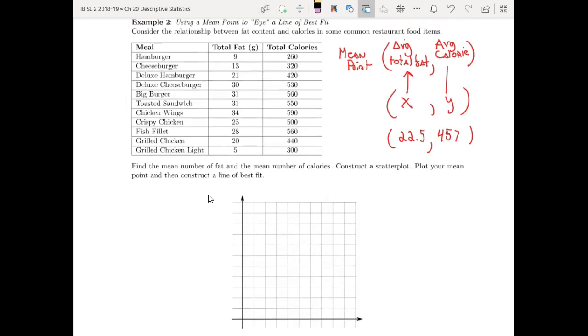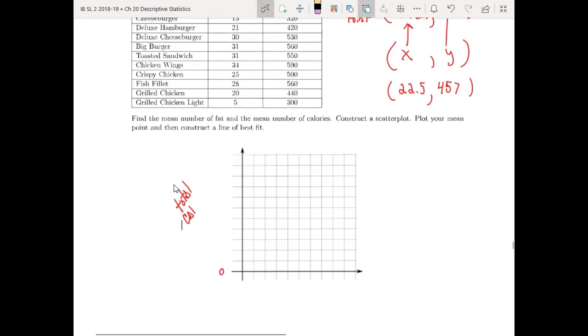Okay, so if we were going to graph these, what would you use as a scale? So this would be your calories. Okay, this is going to be the total fat grams.